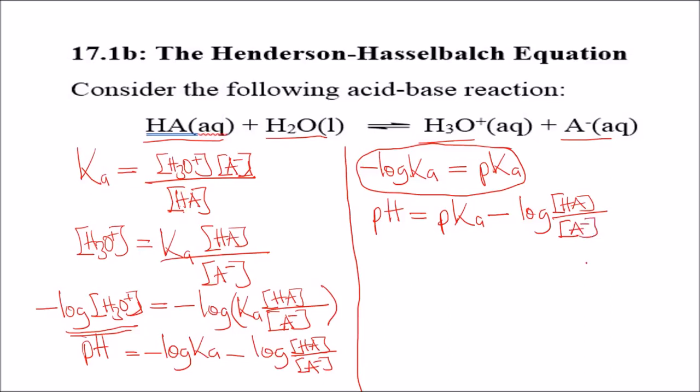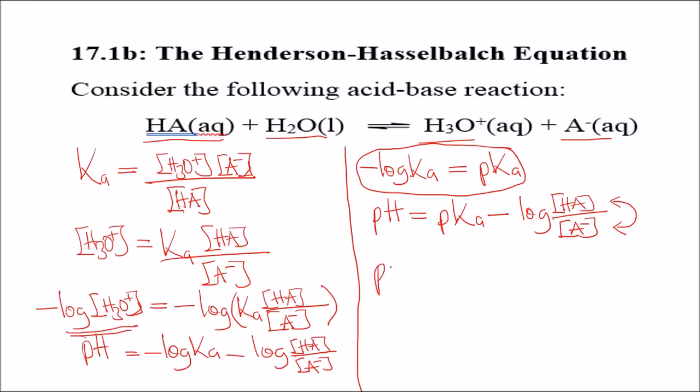But in this case, we don't want to work with negatives. So what we do is we flip this. So this one goes up and this one goes down. When you flip this here, we have a positive.